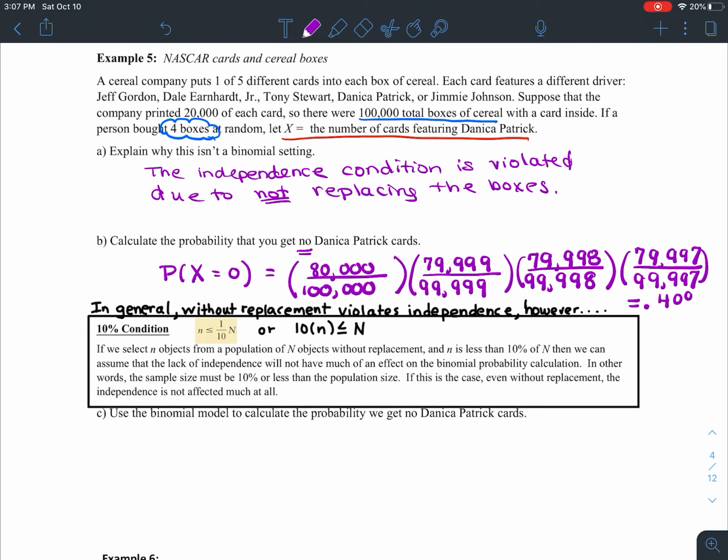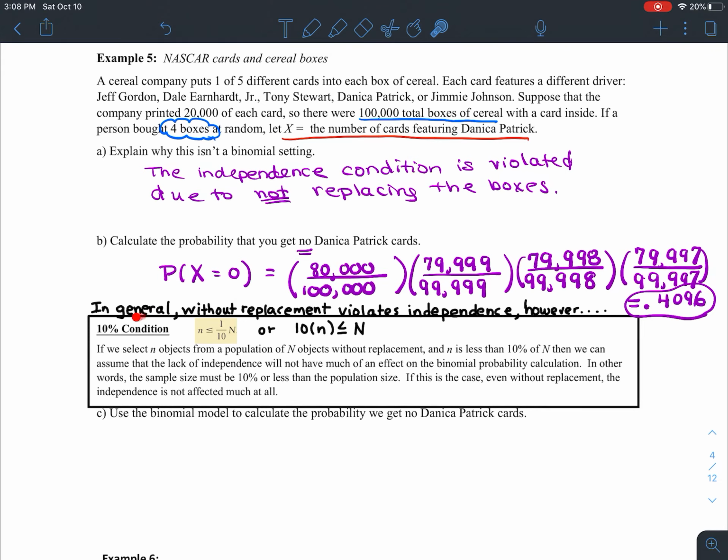If I multiply those together, I get the likelihood of selecting 4 boxes of cereal with none of them having Danica Patrick cards to be roughly 40.96%.